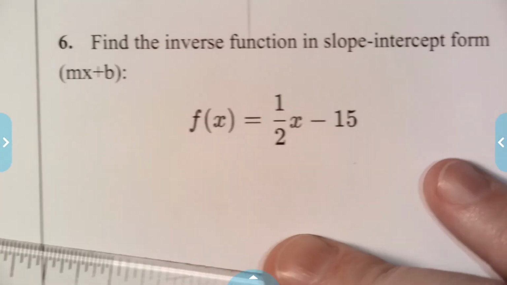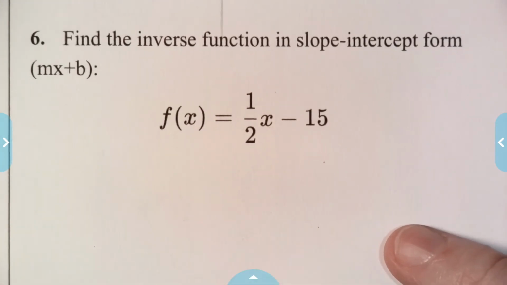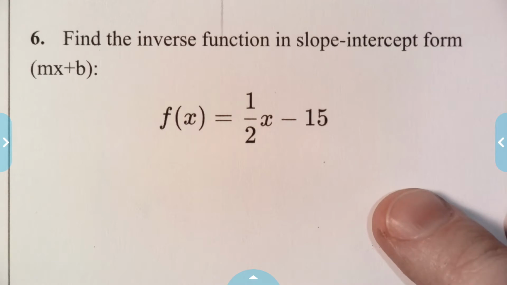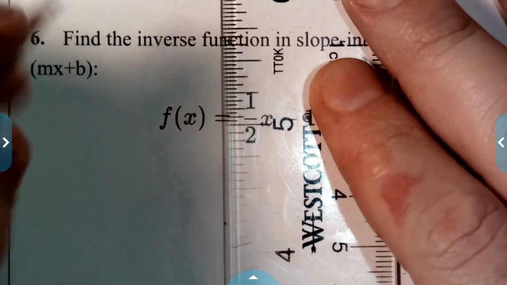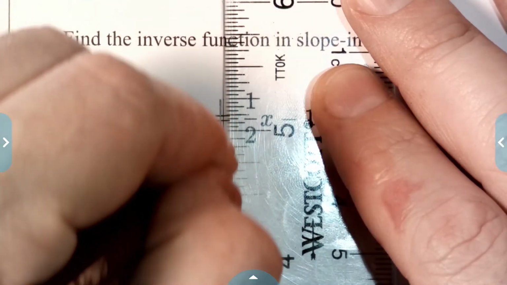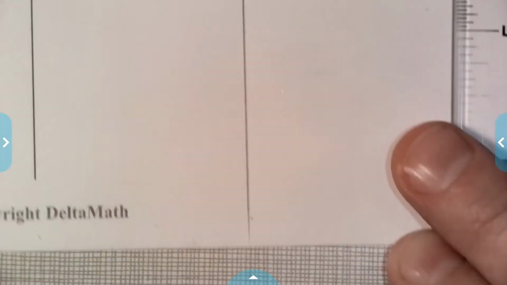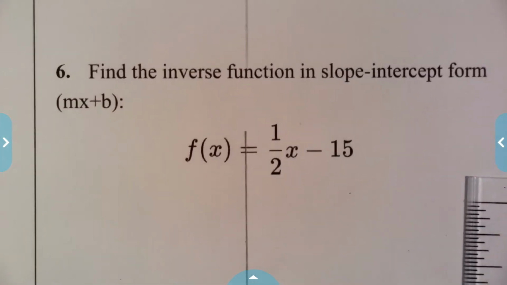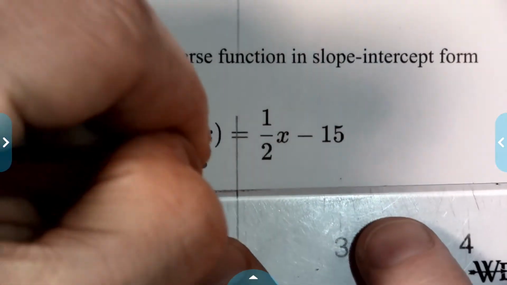And move on to number 6. Find the inverse function in slope-intercept form. Okay. Once again, same exact thing that we were asked to do before. I see a fraction, so I'm drawing a long line. My first step is to go ahead and write this as y equals.